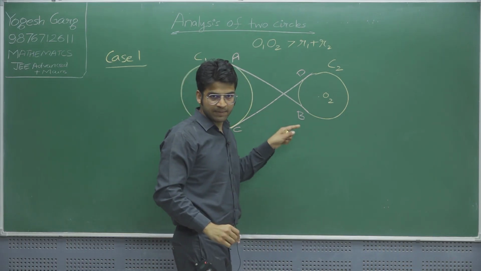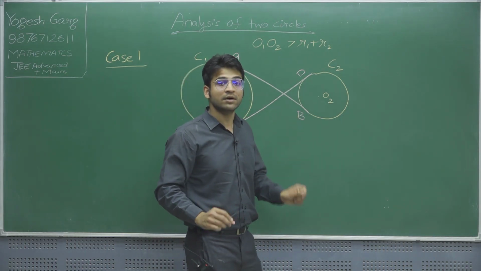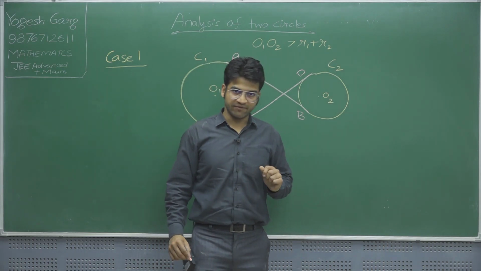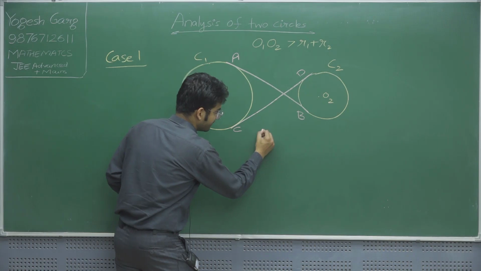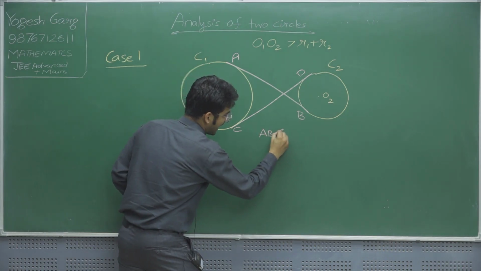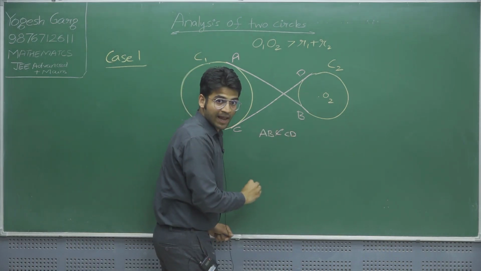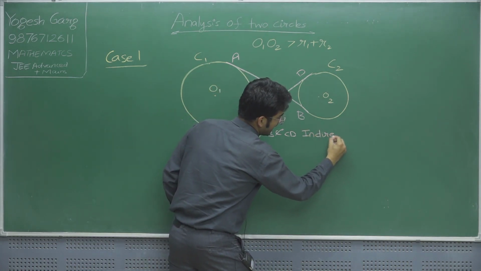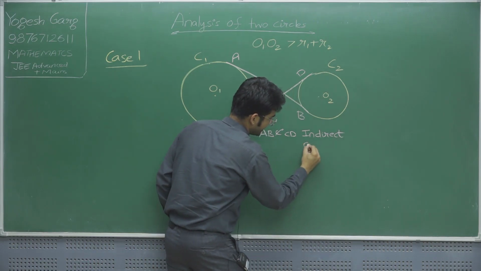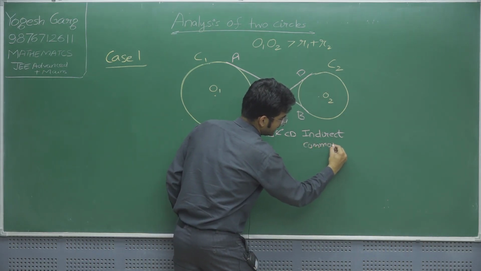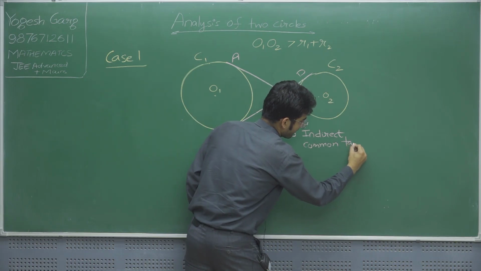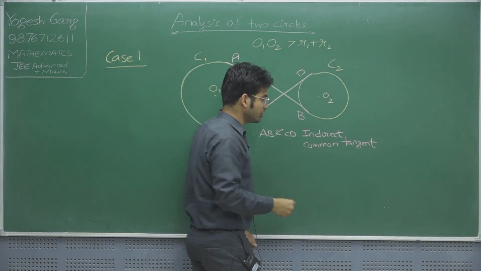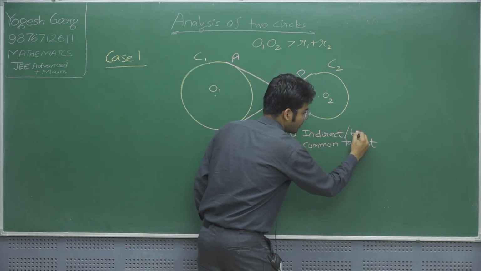So this CD and AB are termed as indirect common tangent, or we also call them transverse common tangent.